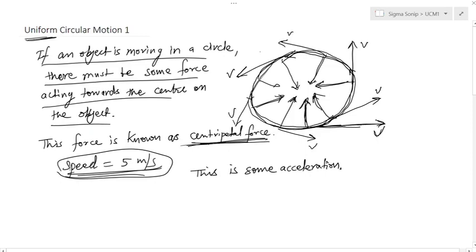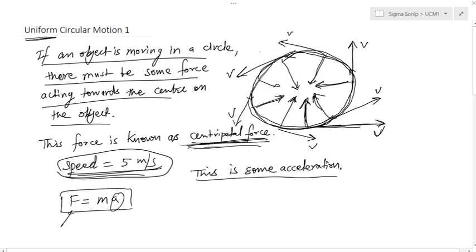Now we can come to this conclusion from looking at the existence of this force as well. We remember that wherever there is a force, there has to be an acceleration. Without the force, there cannot be an acceleration.